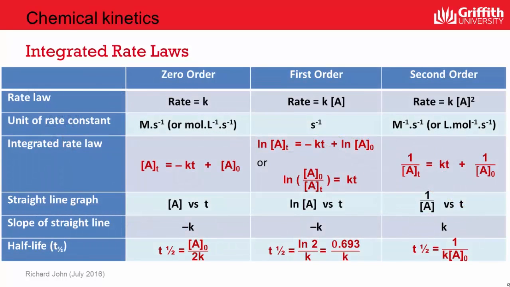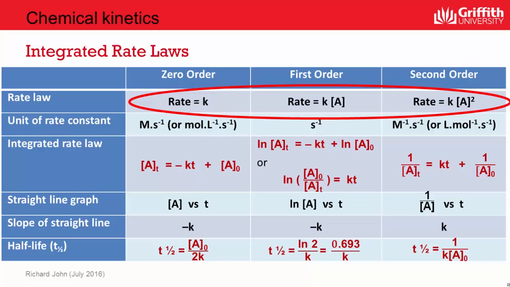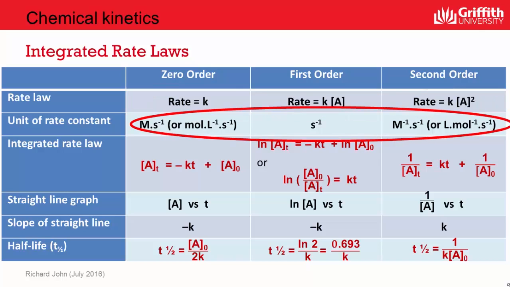Now this table here summarises all of the important relationships for the integrated rate laws, which relate the concentration of a reactant to time during the course of a reaction. The table considers the case for reactants that conform to zero, first or second order kinetics, and shows the equation for the rate laws in each case. It shows the units for the rate constant in each case.